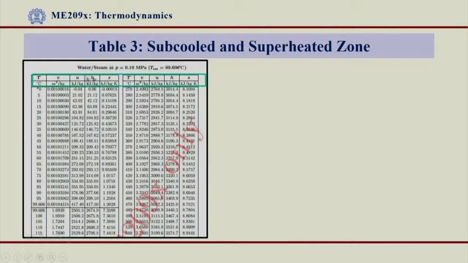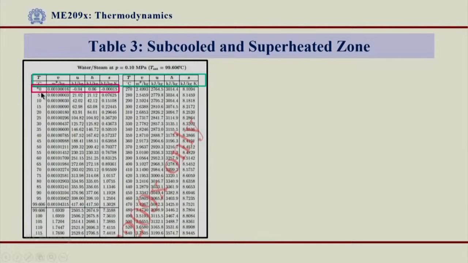Here, because we are talking about single phase region, I got only V, U, H and S. Also, this snippet I have shown just partly, and that is why I have not shown up to 1000 degrees centigrade. You can see all these properties with their respective units.